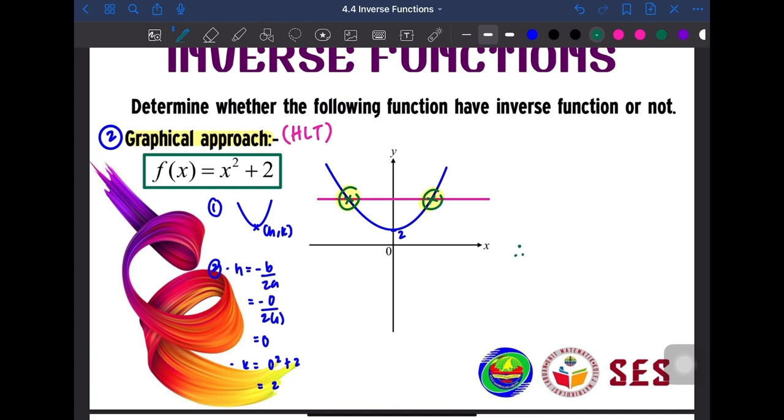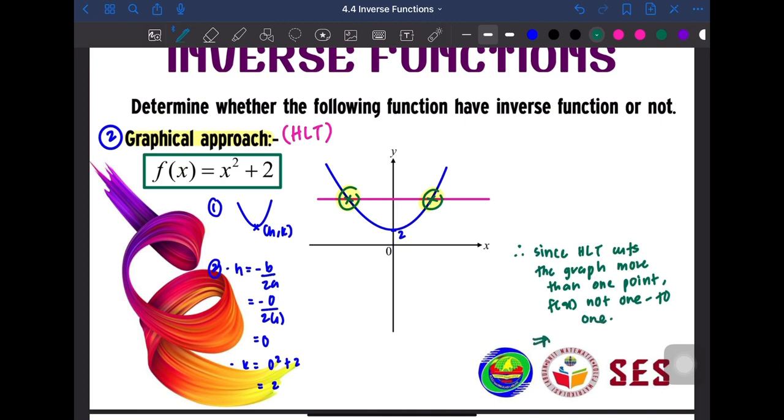So, I can write since HLT cuts the graph more than 1 point. Okay, lebih dari 1. So, fx kita not 1 to 1.